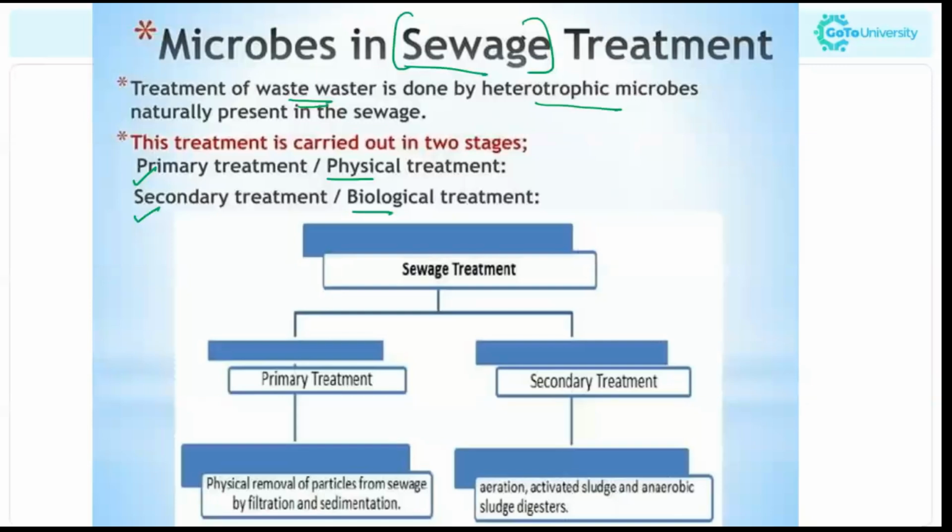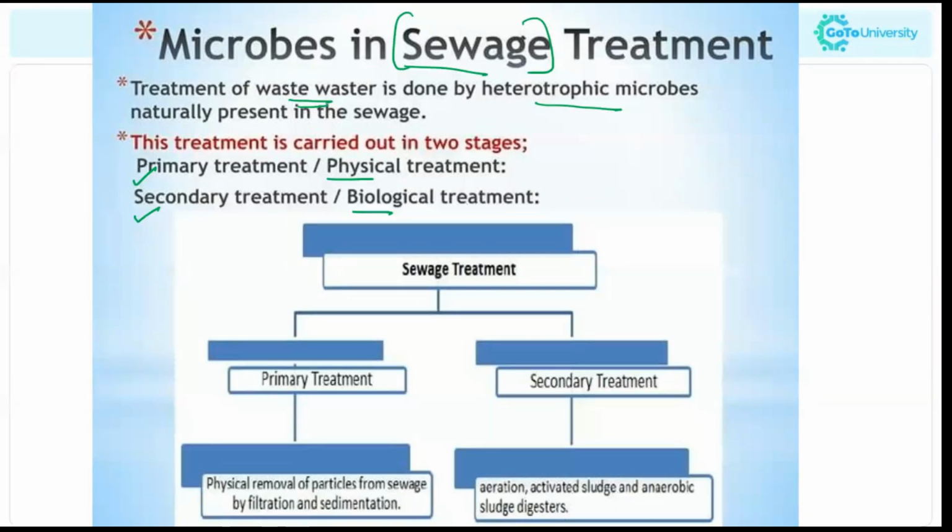That is the first part, physical treatment. After that, secondary treatment is done as a biological treatment. As this wastewater contains a large amount of organic matter and microbes, and many of them can be pathogenic, we have to do both primary and secondary treatment.